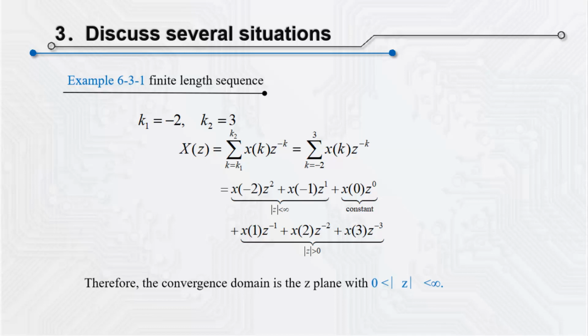Taking the common area of all three, the convergence domain is that the modulus of z is greater than 0 and less than infinity. That is, the entire z-plane with the zero point and the infinity point removed. This is the characteristic of the convergence domain of finite length sequences.